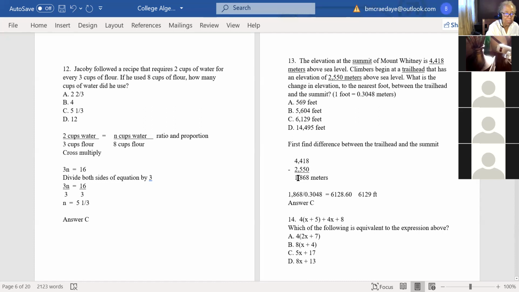And that gave us a difference of 1,868 meters. But they gave us a conversion factor of a foot as 0.3048 meters. So if we divide the meters by meters per 1 foot, we get the number of feet, which is 6,128.60. But since we were to give it to the nearest foot, we rounded this off to 6129, because remember this 0.6 is 5 or greater, so you bump this number up to 9. So it's answer C. Questions?